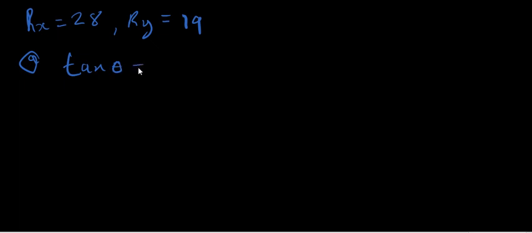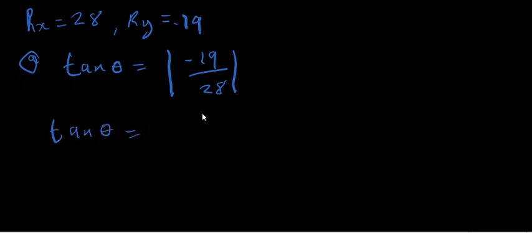Tan theta is equal to the absolute value of the y component, which is 19, over the x component, which is 28. So tan theta is simply equal to 19 over 28.